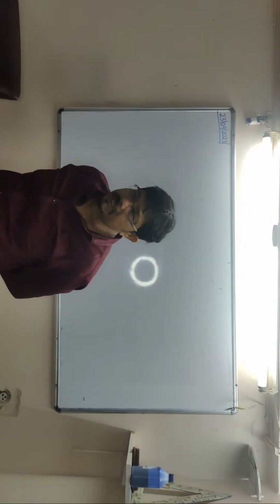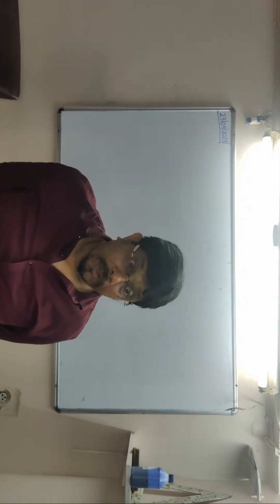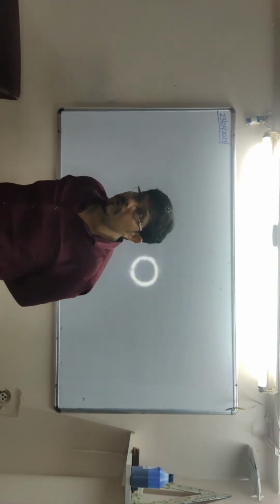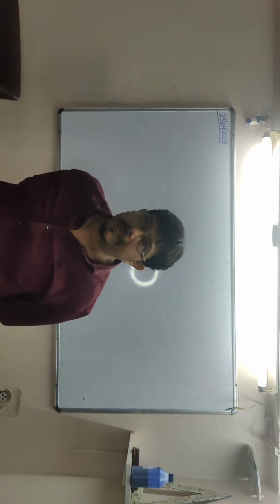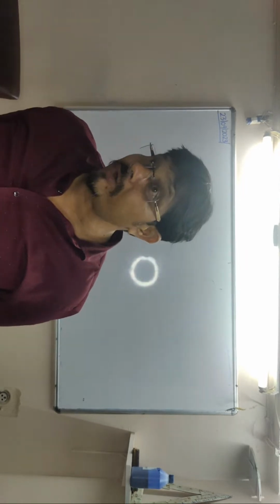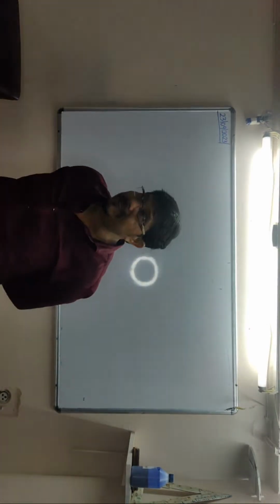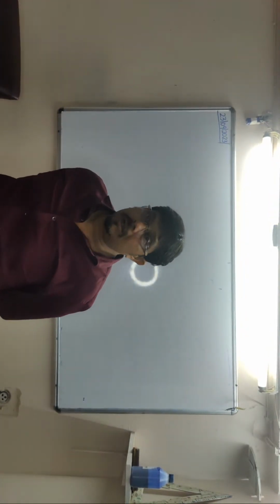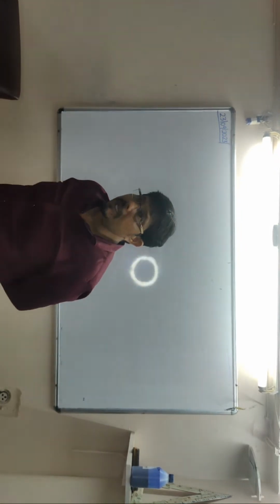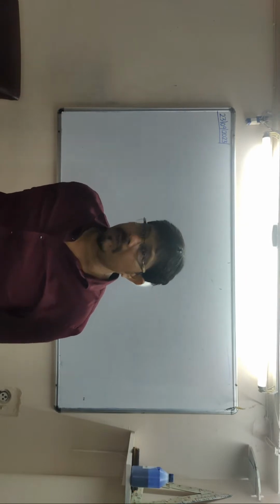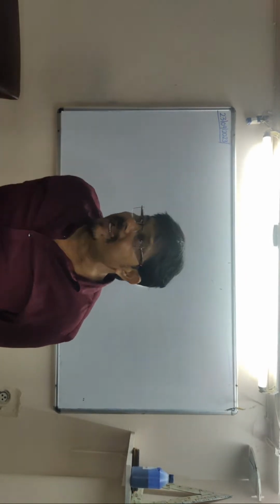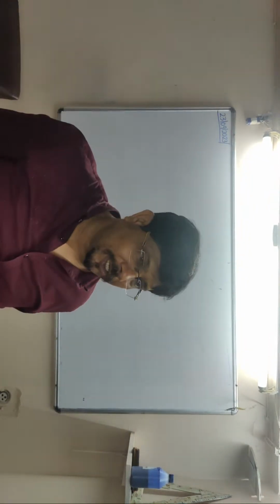This is called the work function, and the frequency which is responsible for ejecting electrons from the metal surface is called the threshold frequency. Threshold frequency is responsible for the electron ejection from the metal surface. And these electrons get sufficient kinetic energy when we increase the frequency of light greater than the threshold frequency.